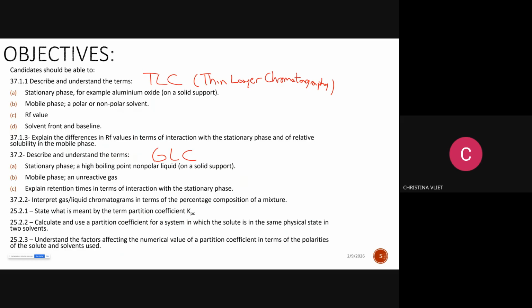So GLC stands for gas liquid chromatography, which means that something's going to be in the liquid phase and something's going to be in the gas phase in that type of chromatography. And then we're going to learn how to interpret chromatographs, which is basically the printouts of what you get.